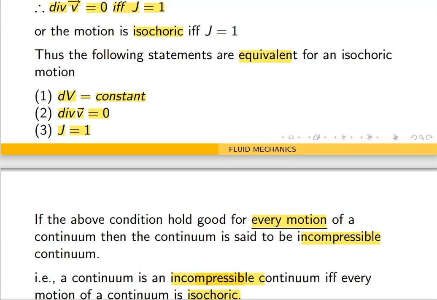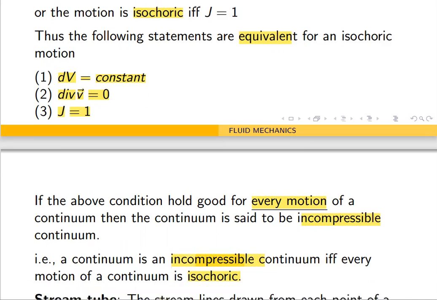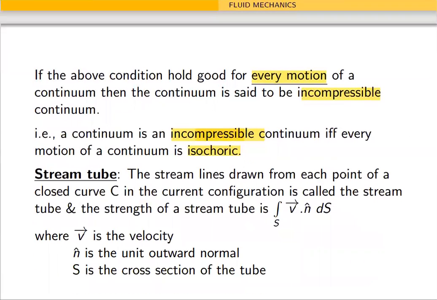Okay, now let us see what is a stream tube. The streamlines drawn from each point of a closed curve C in the current configuration is called a stream tube. The strength of this stream tube is nothing but the surface integral over S of v dot n dS.